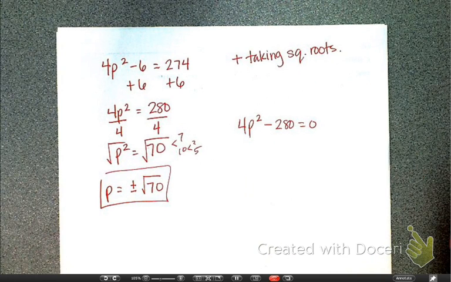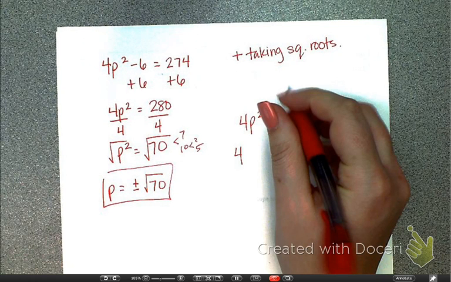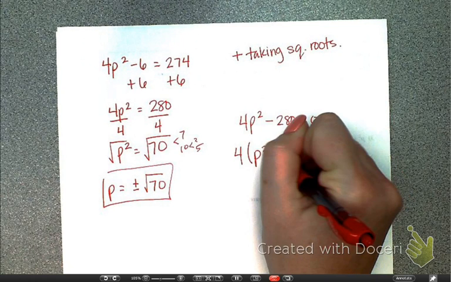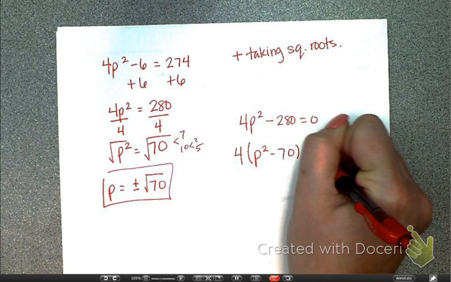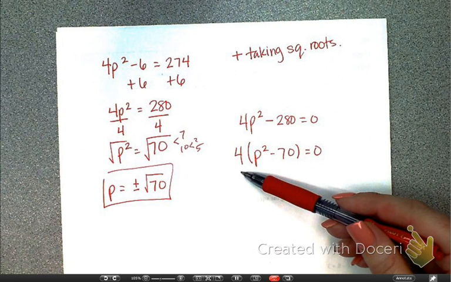You could do GCF and then you get this. Okay, so I factored, but what's the way to solve that at this point? You'd have to divide by 4, you'd have to add 70, and you'd end up taking square roots anyway.